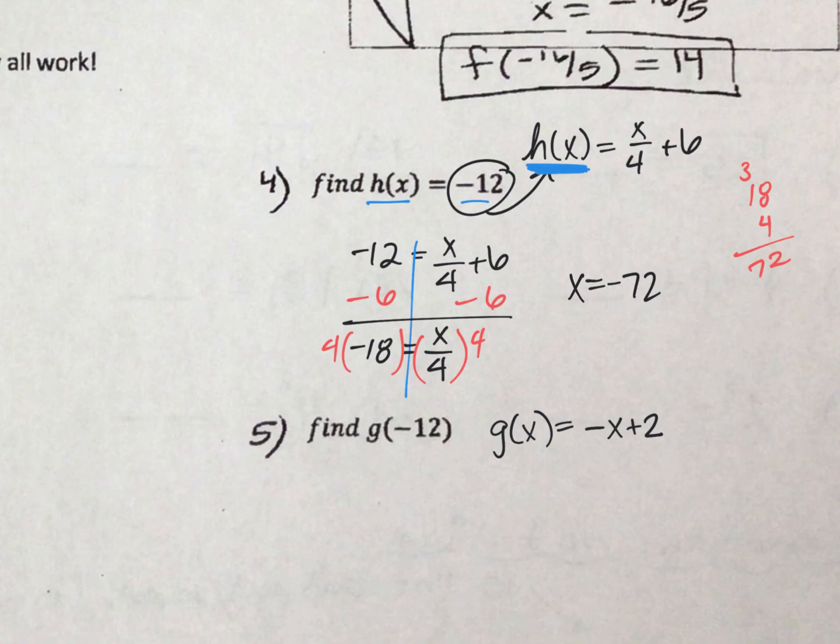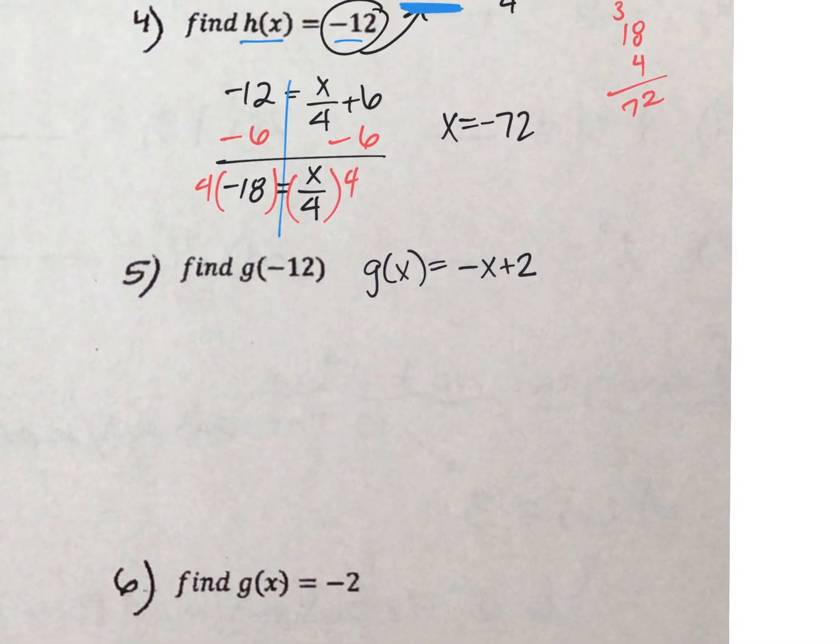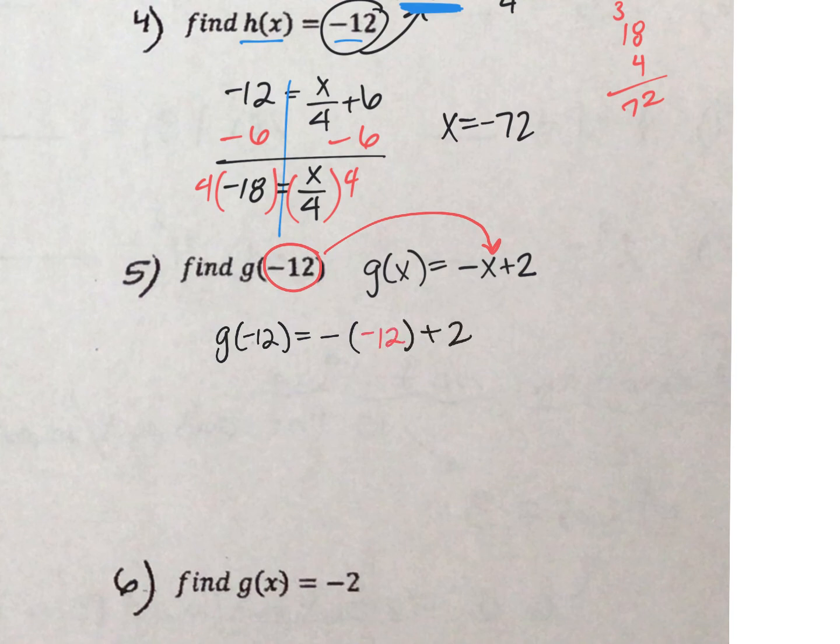All right, so the last two examples, 5 and 6, using g of x. G of x is negative x plus 2. So I'm going to replace the x with negative 12. So g of negative 12 equals negative negative 12 plus 2.